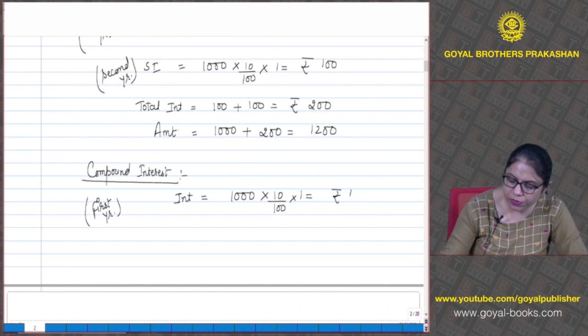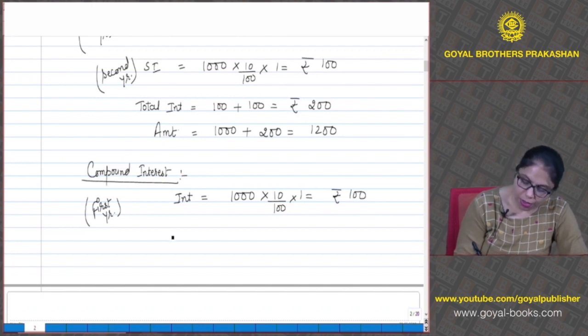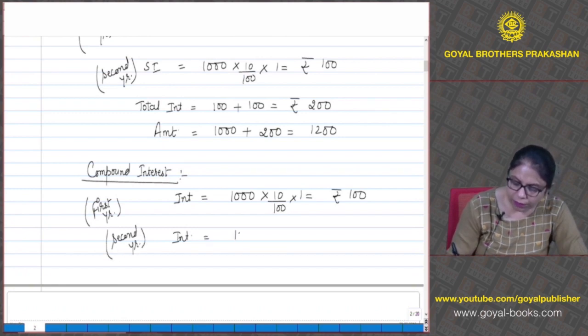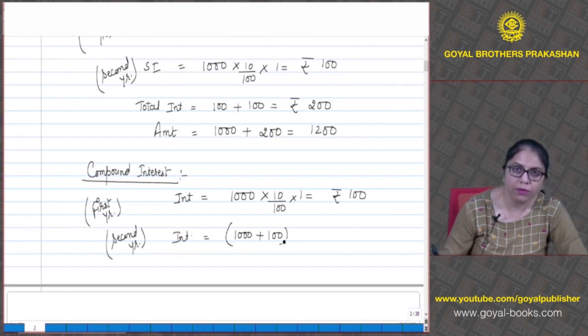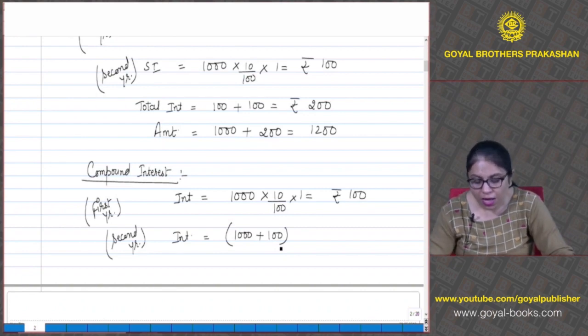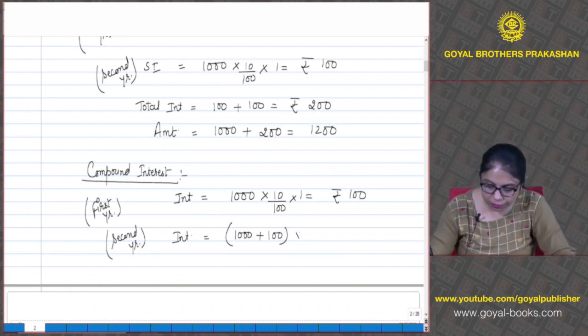That means for the first year we will get 100. What happens in the second year? In the second year, the interest will be calculated on 1100, that means the principal money and the interest of the first year.